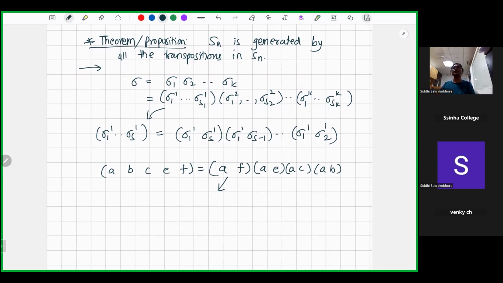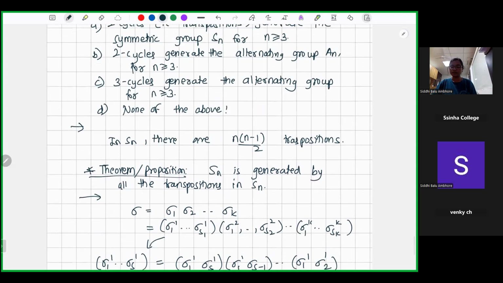What we proved there is that any cycle of size R can be written as a product of R minus 1 transpositions. And the moment we have that, the given sigma, when we decompose it into a product of disjoint cycles, each cycle will be a product of transpositions, and that will ultimately give us that sigma is a product of transpositions. That's how the proof went if you go through the lectures.